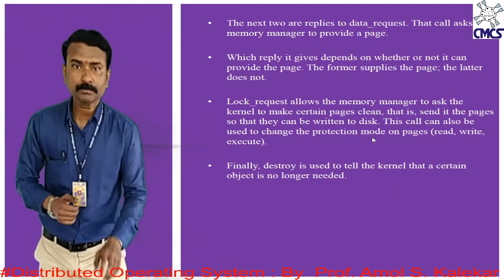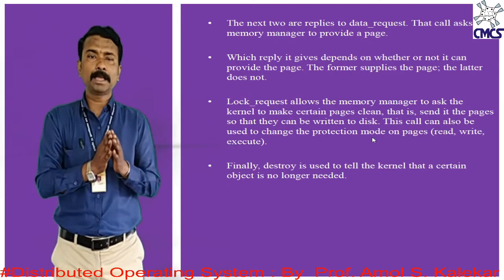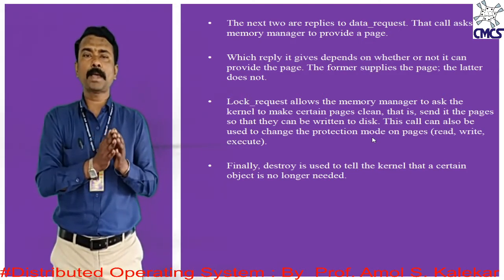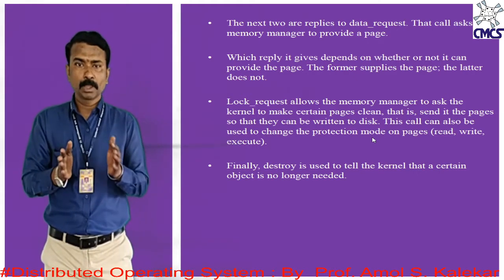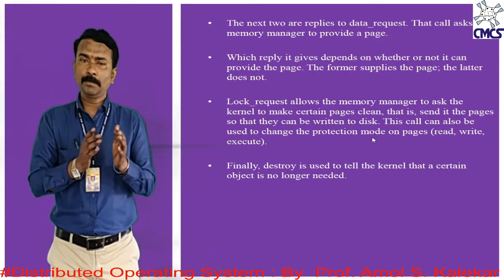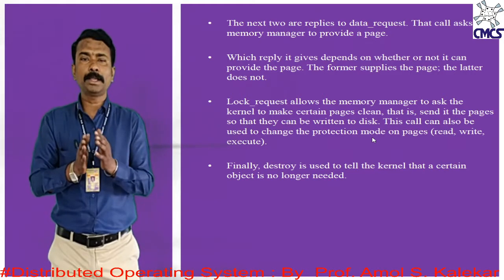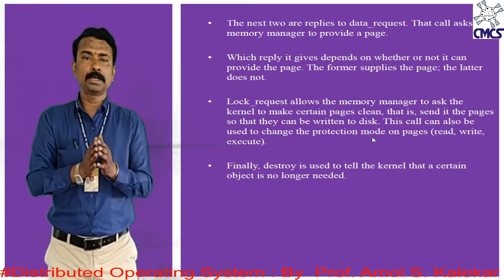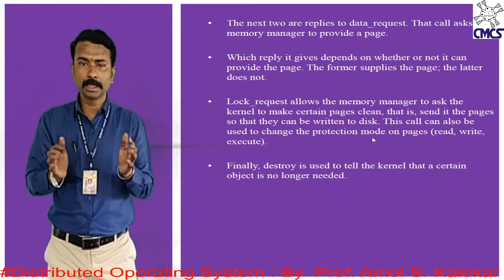The next two replies are to the data request call, which asks the memory manager to provide a page. Which reply it gives simply depends on whether or not it can provide the page. The former supplies the page and the latter does not.